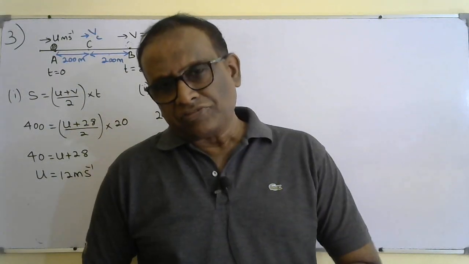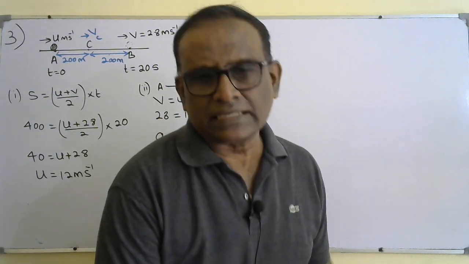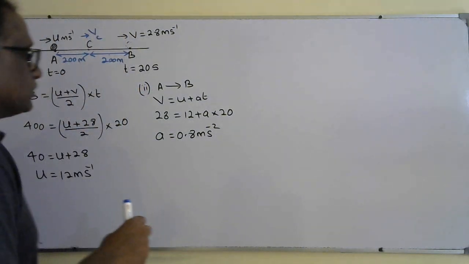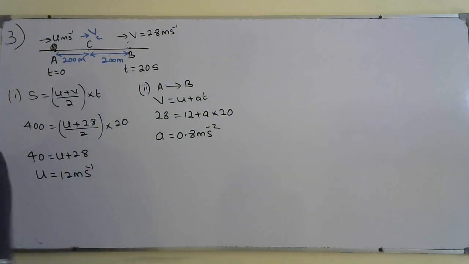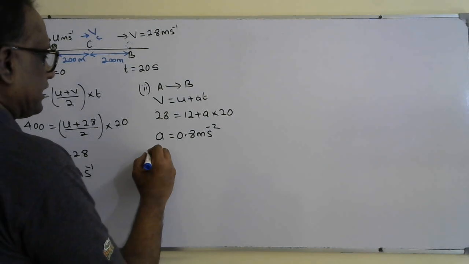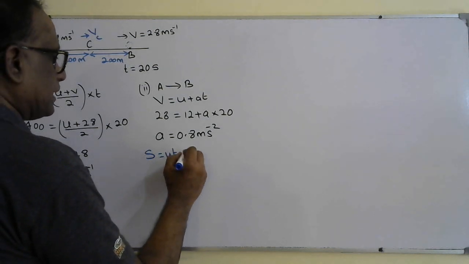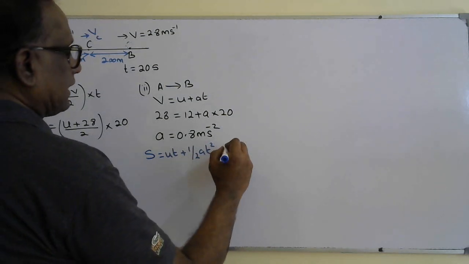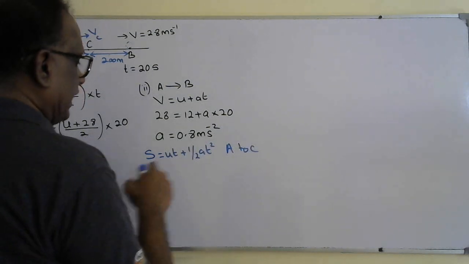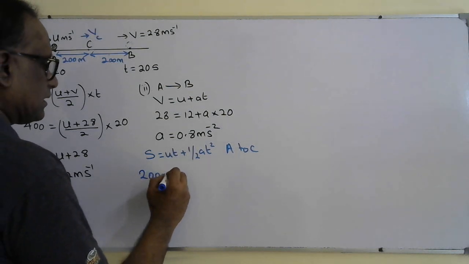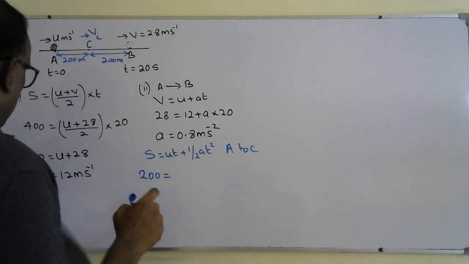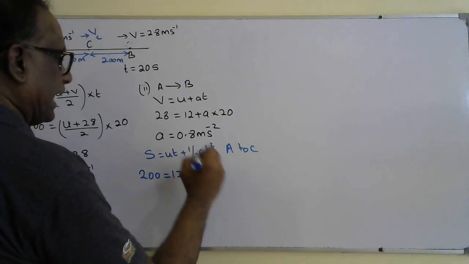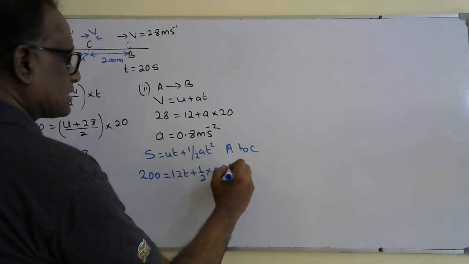Now we can follow many different methods, using the equations of motion. For the motion from A to C, using s equals ut plus half at squared: s is 200 meters, u is 12, so 12t plus half into 0.8 t squared.